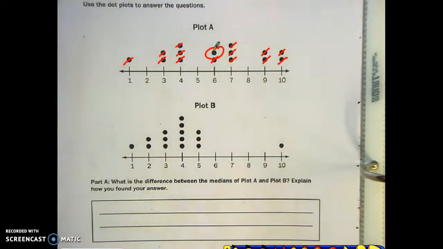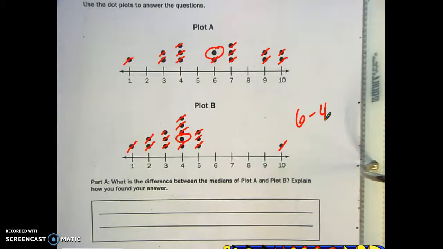For plot B, 1 and 10, 2 and 5, 2 and 5, 3 and 5, 3 and 4, 3 and 4, and I'm left with 4. So the difference would be 6 minus 4.